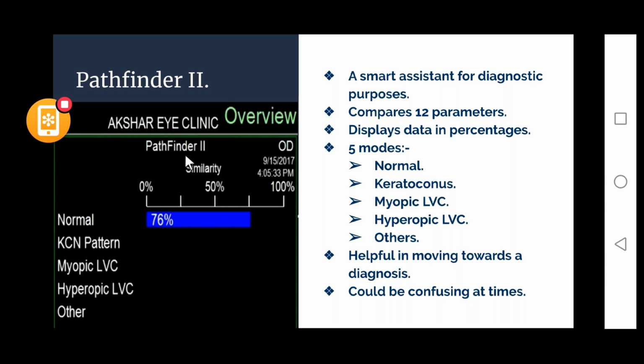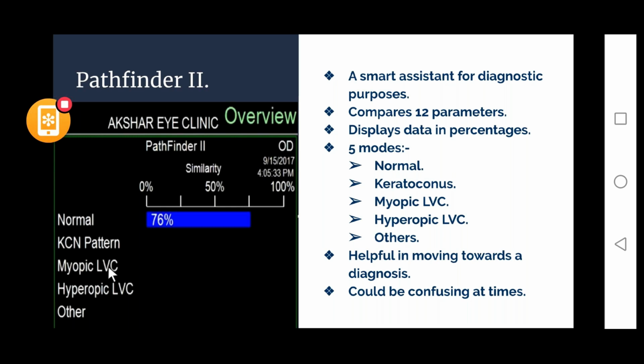Now let me tell you, the Pathfinder software has got normative data. First things first, of the normal cases. It has got data of known cases of keratoconus, subclinical cases of keratoconus, cases of PMD, PMCD, and then it has got topography reports of mean curvature. Let me tell you, it is the mean curvature. The mean curvature reports of myopic LVC.